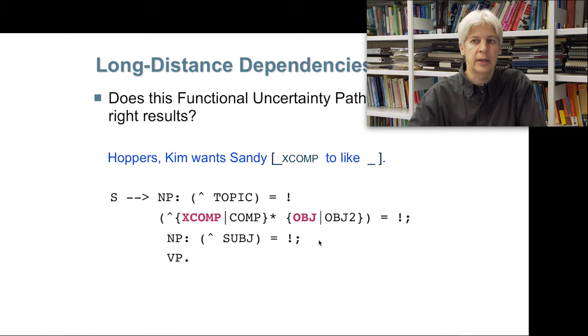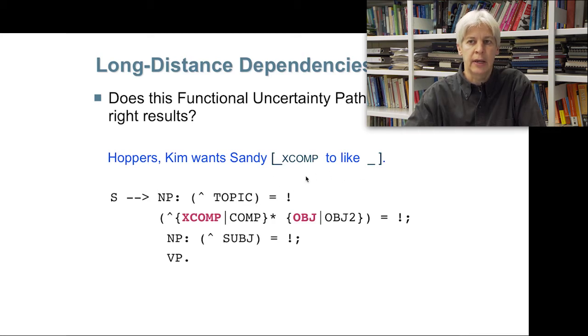Okay, let's try a different example. Hoppers Kim wants Sandy to like, and I've told you what the XComp is here. Okay, so we've got wants as a verb. The subject of wants is Kim. Wants has an object, Sandy, and it has another argument, which is this XComp. And then we have to figure out what Hoppers is doing here. So we check. Wants has all its arguments satisfied. Sandy is the object, Kim is the subject, and it has an XComp, so it has no missing arguments. Let's go on.